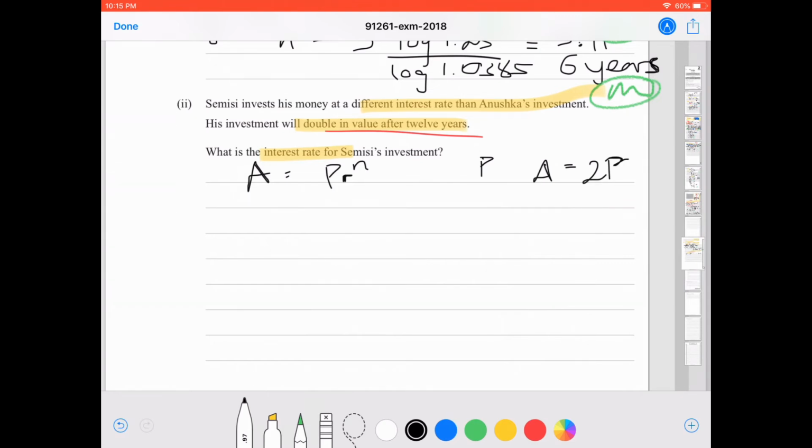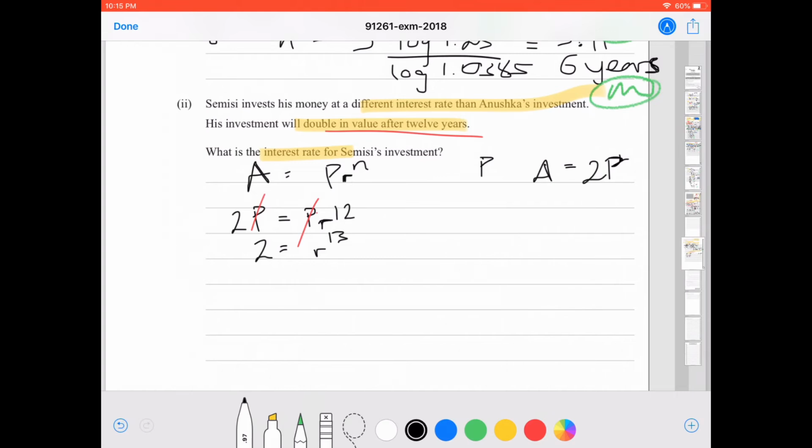Let's say, inputting this information, 2P equals P times R to the power of n. We're trying to find R, and n is going to be 12, right? It's doubled in value after 12 years. The first thing we can do is cancel P, because it's a variable. We're left with 2 equals R to the power of 12.